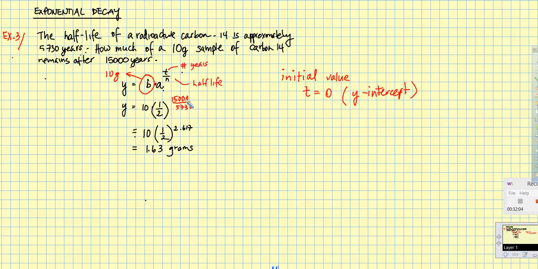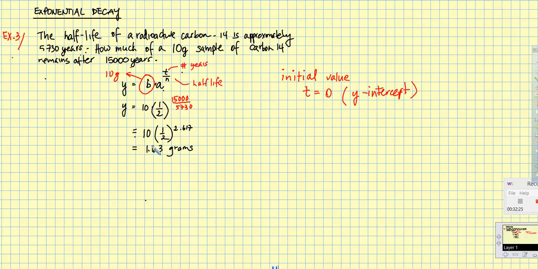5,730. All right, so what we have then is that we've got 15,000 divided by 5,730. That gives us 2.617. Therefore, when I raise 0.5 to the power of 2.617 and then multiply it by 10, that ends up giving me 1.63 grams. So what does that mean?